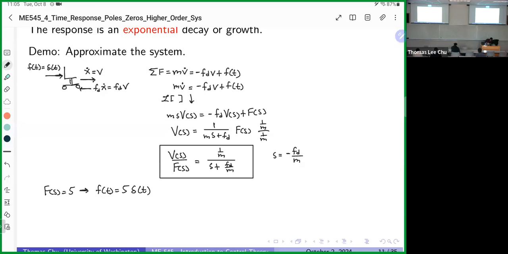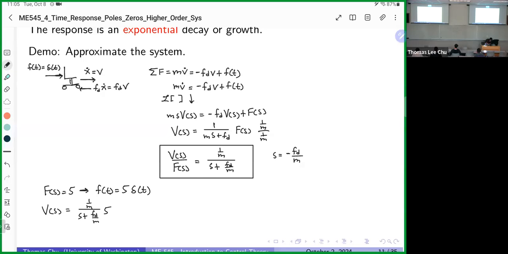So if I were to find the velocity, it's going to be this. V of s is equal to 1 over m divided by s plus F_D over m, multiplied by 5.